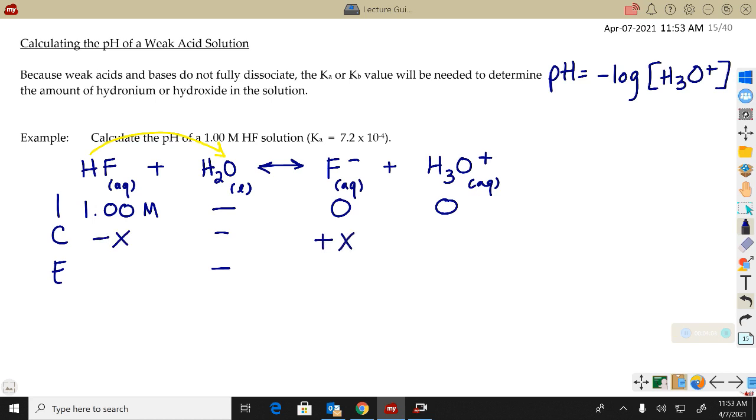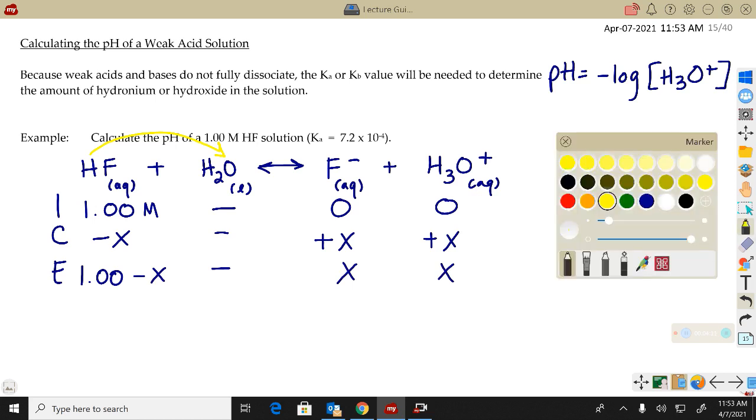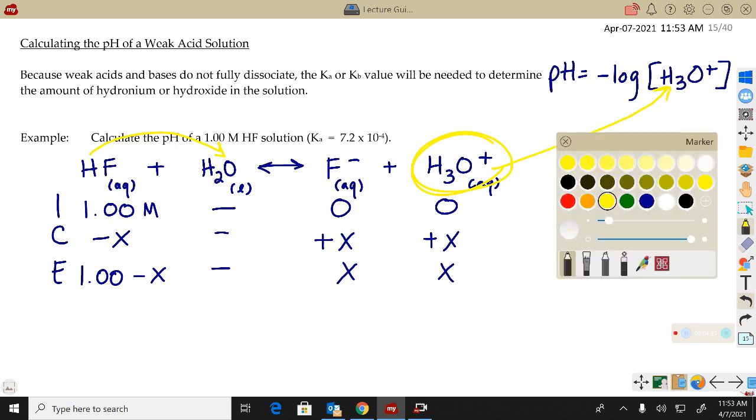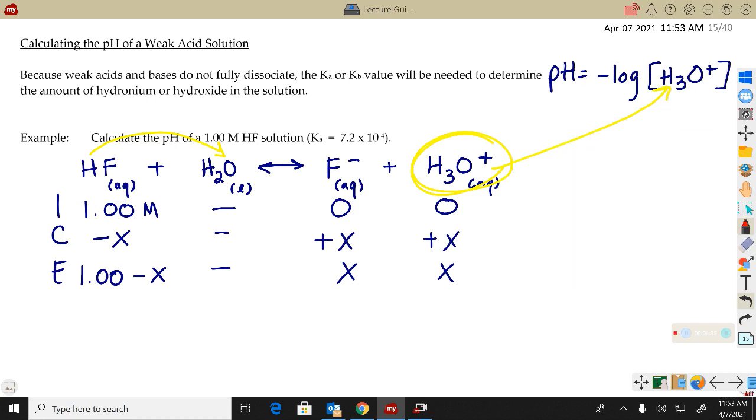We'll form some fluoride and some hydronium, so that at equilibrium, this is 1 minus X, X, and X. And really, the X value that I want to solve for is this one. This is what I need in order to calculate pH. Once I get X, that will be the concentration of the hydronium ion. Then I can take the opposite log, game over. We just need to solve for X then, right?